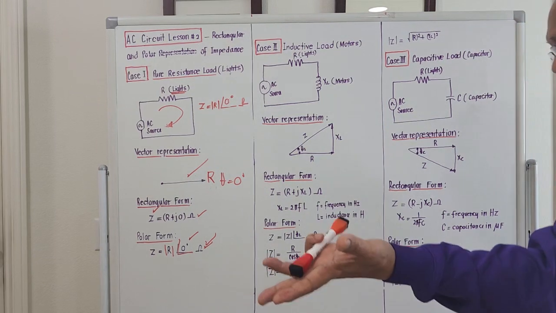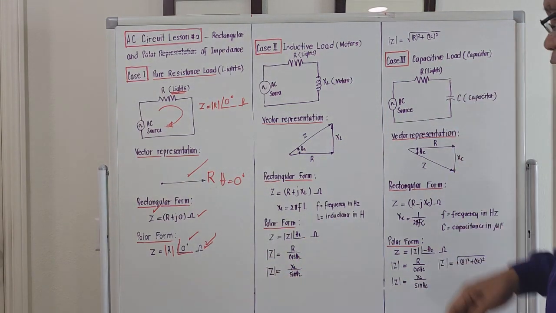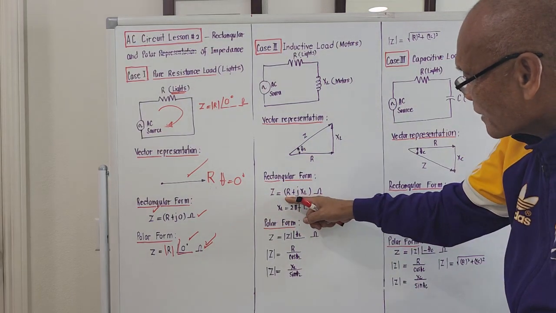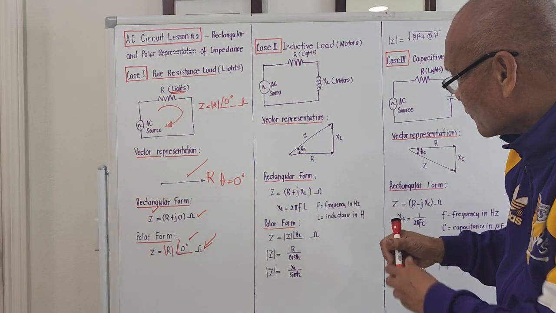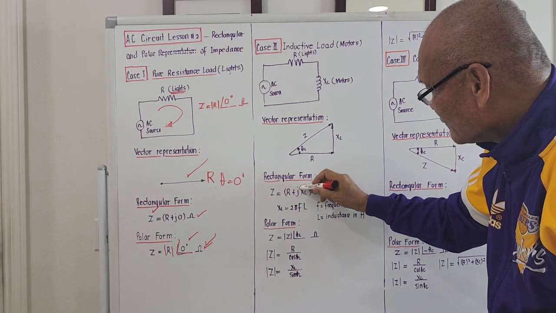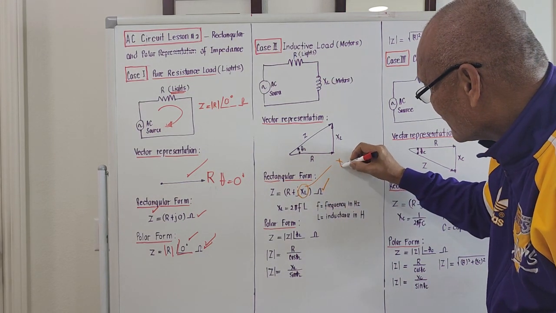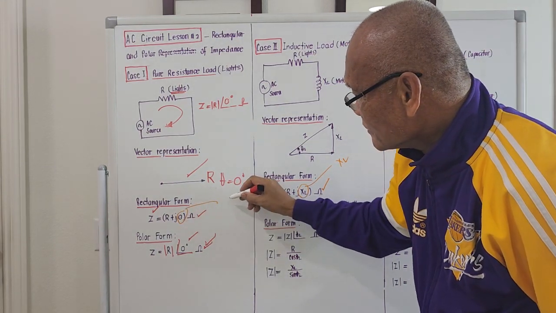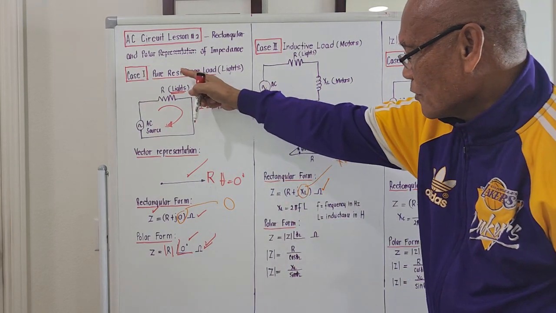Right? If we try to bring out the equation for the rectangular form, it will be Z equal to R plus jXL ohms. You notice it? This is an XL. And here it is 0, a pure resistive load, right?